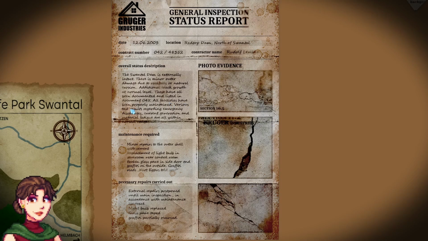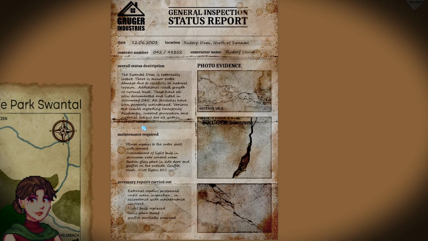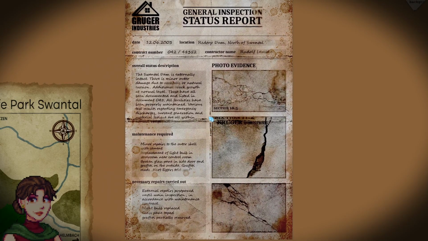All facilities have been properly maintained. Various test results regarding emergency discharges, current generation and material fatigue all within normal range. Maintenance required: minor repairs, replacement of light bulbs, broken glass pane inside door and graffiti on the outside.